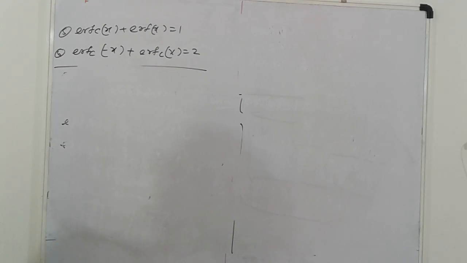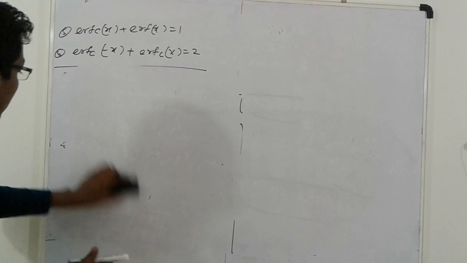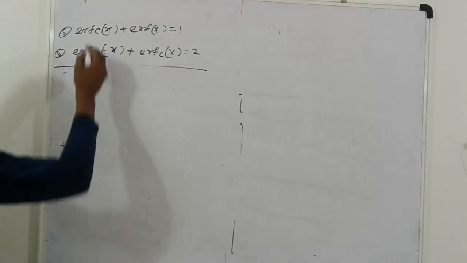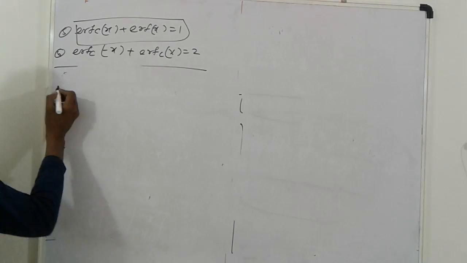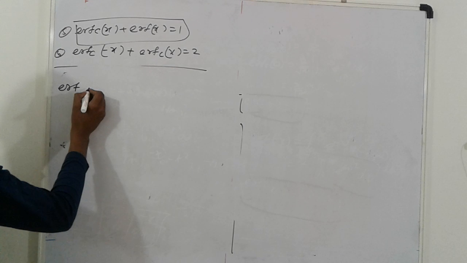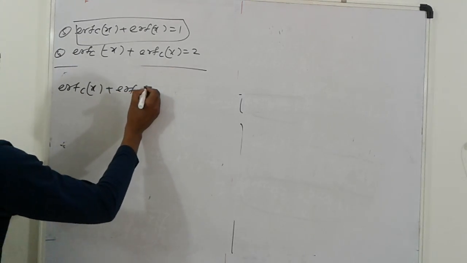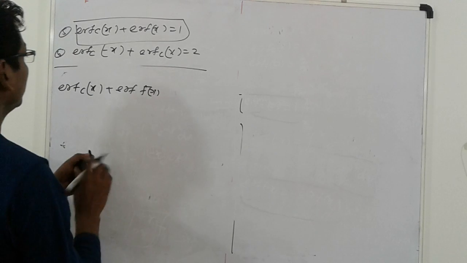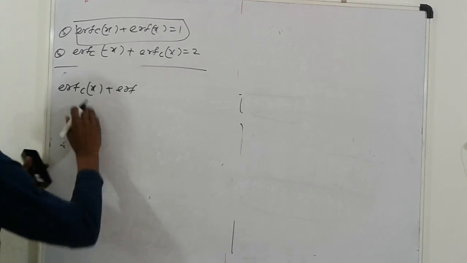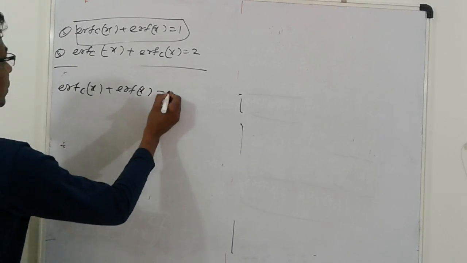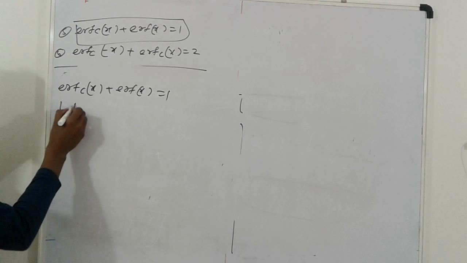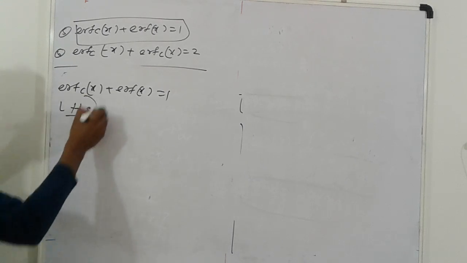Here, error of c, the complementary error of x, plus error of x equal to 1. Prove it. We take only the left hand side and put in all these values.